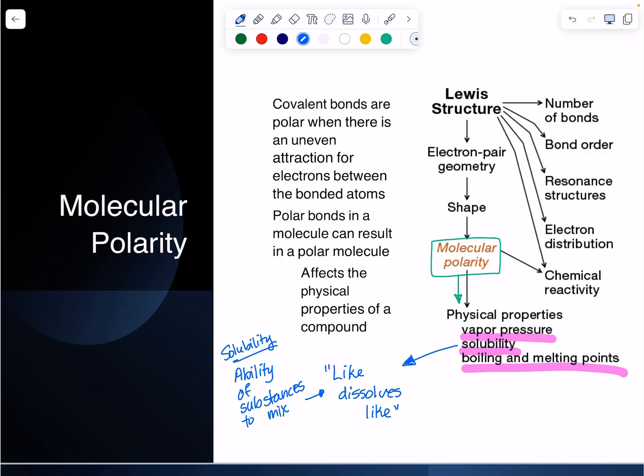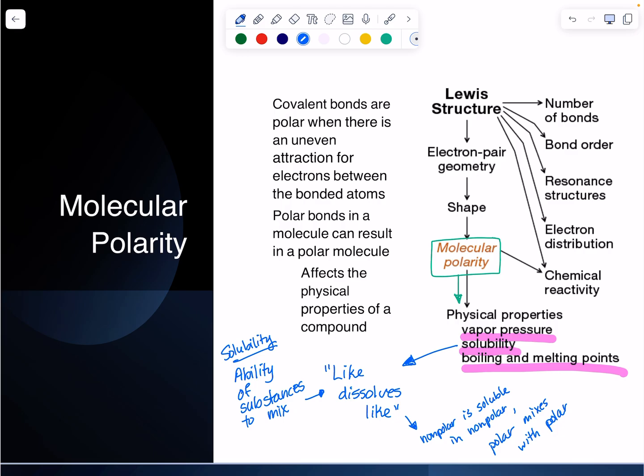So nonpolar is soluble in nonpolar, and polar mixes with polar. That's what that means. So we have to be able to figure out whether the molecule is polar or nonpolar.